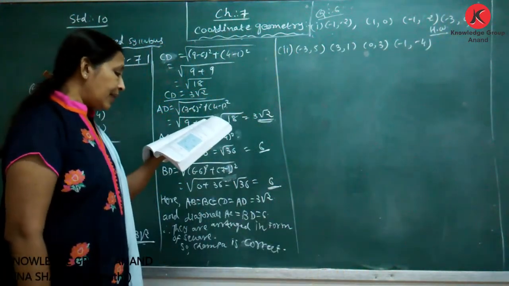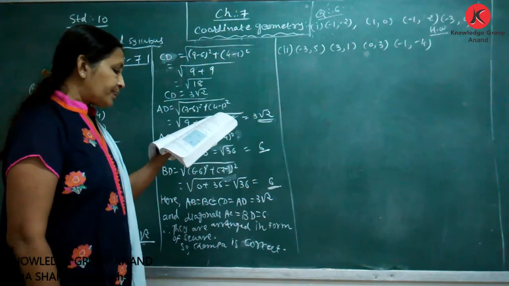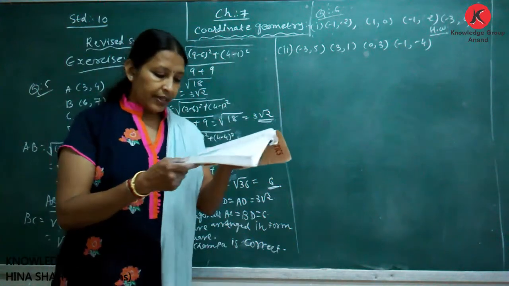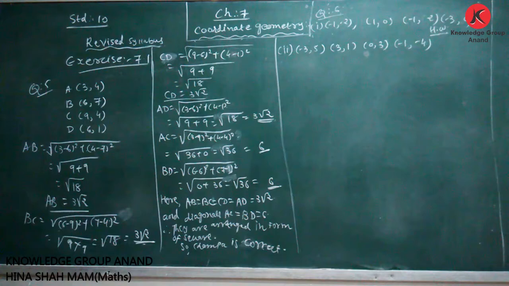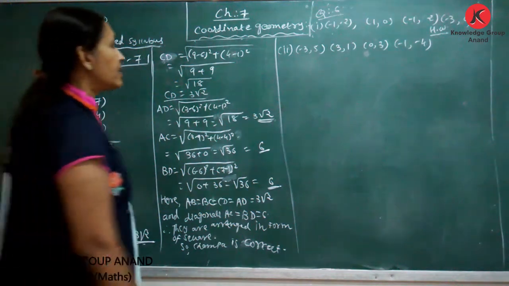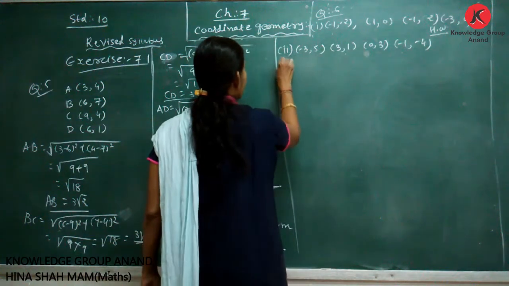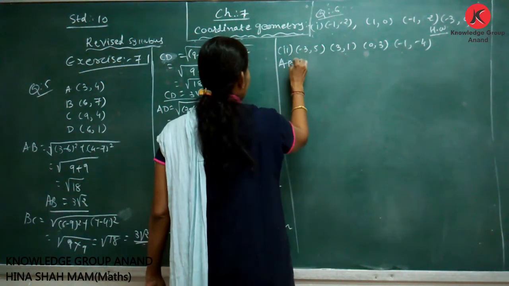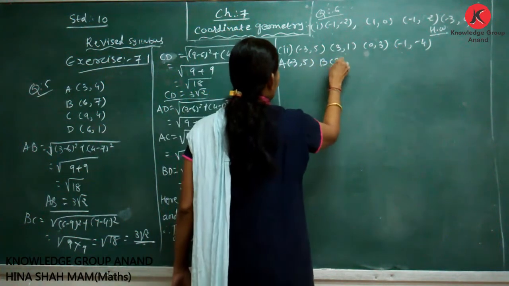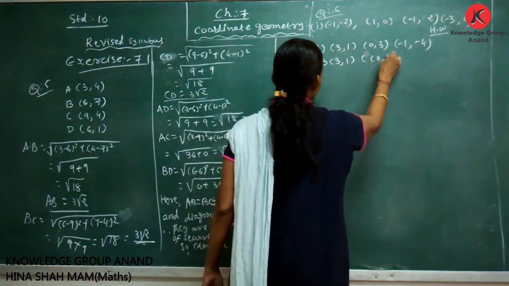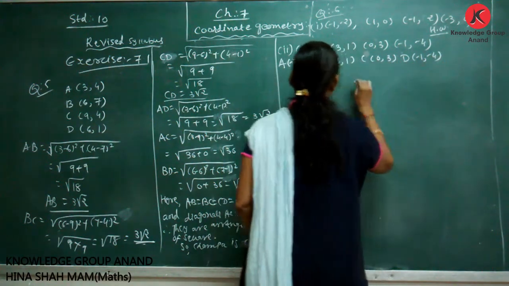Now the second: (minus 3, 5), (3, 1), (0, 3) and (minus 1, minus 4). We find all sides and all diagonals. Let them be A, B, C and D. A is (minus 3, 5), B is (3, 1), C is (0, 3) and D is (minus 1, minus 4).